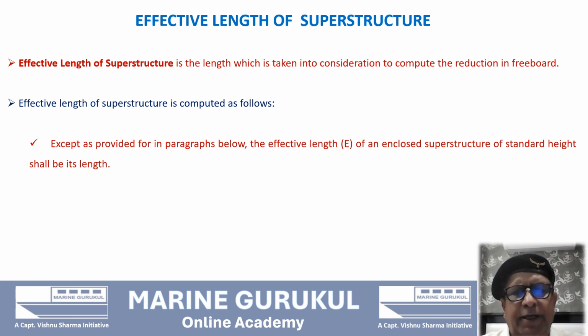Except as provided in the few exceptions that follow, the effective length, represented by capital E, of an enclosed superstructure of standard height shall be its length. That means if we have an enclosed superstructure of standard height, then in the absence of exceptions, its actual length shall be taken as effective length.